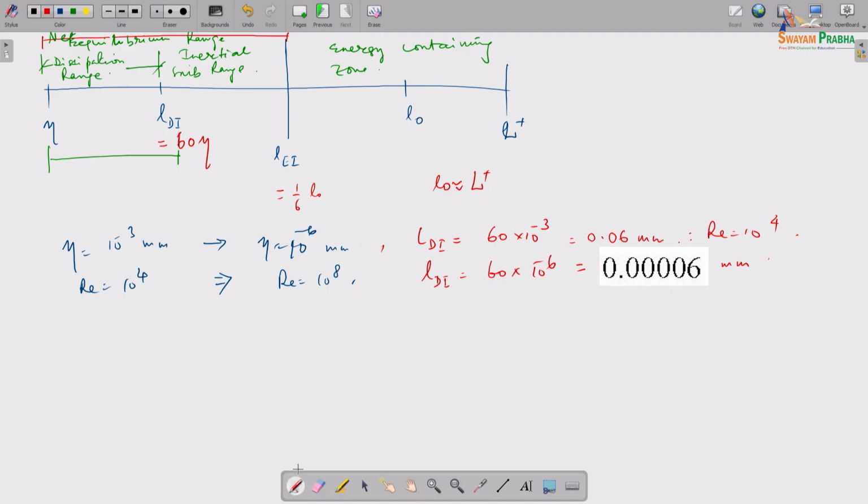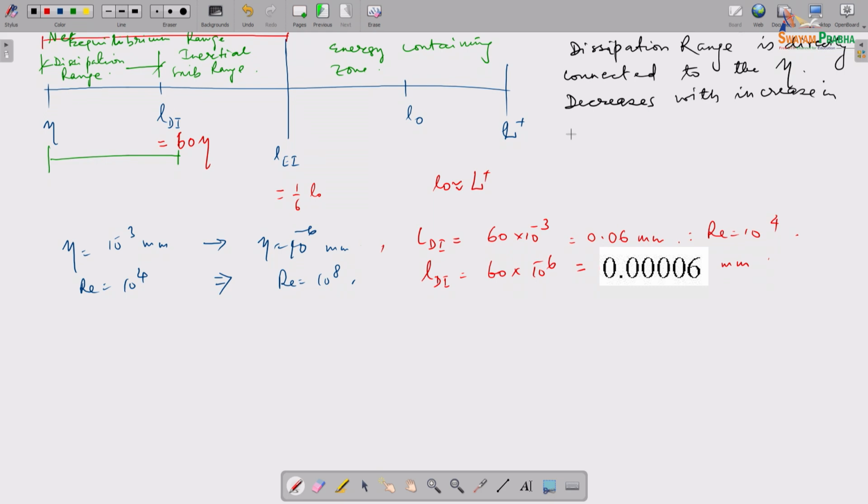So you can see here that the dissipation range is directly connected to eta, the length scale, and this also decreases with the increase in Re.